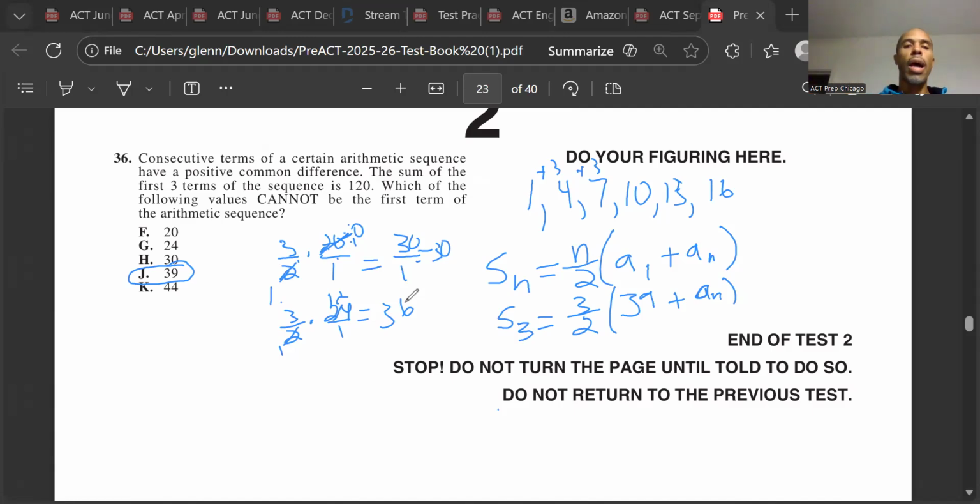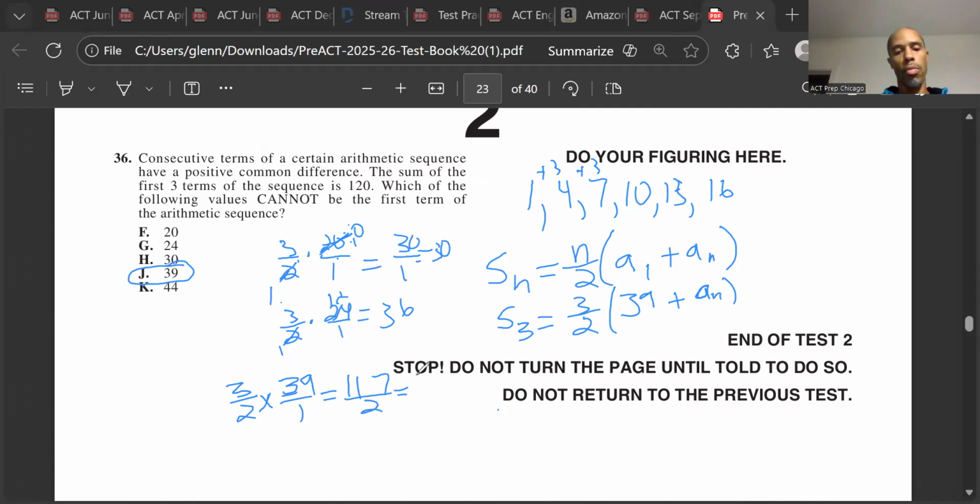But the 39 is not going to work because when we do 3 over 2 times 39, we can't cross out the 2 and the 39. So 3 times 39 is 117 over 2.